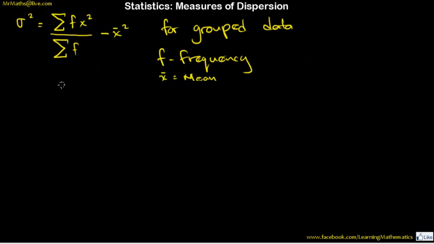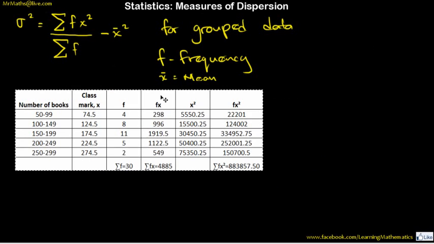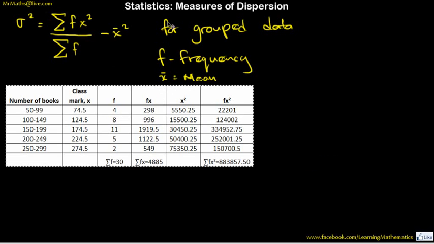Let's put the table here. So this is the reference that we need to use. Now let's use the formula, after we get all this data and get it tabulated nicely.